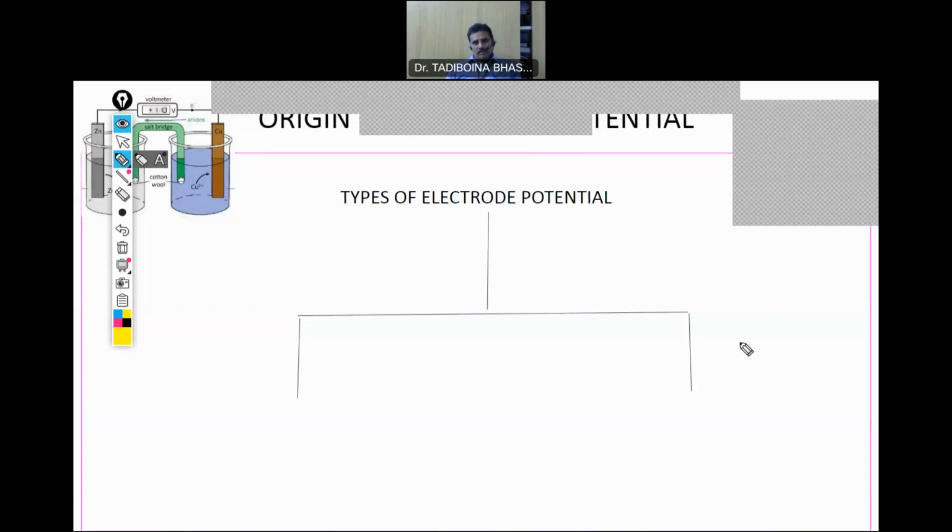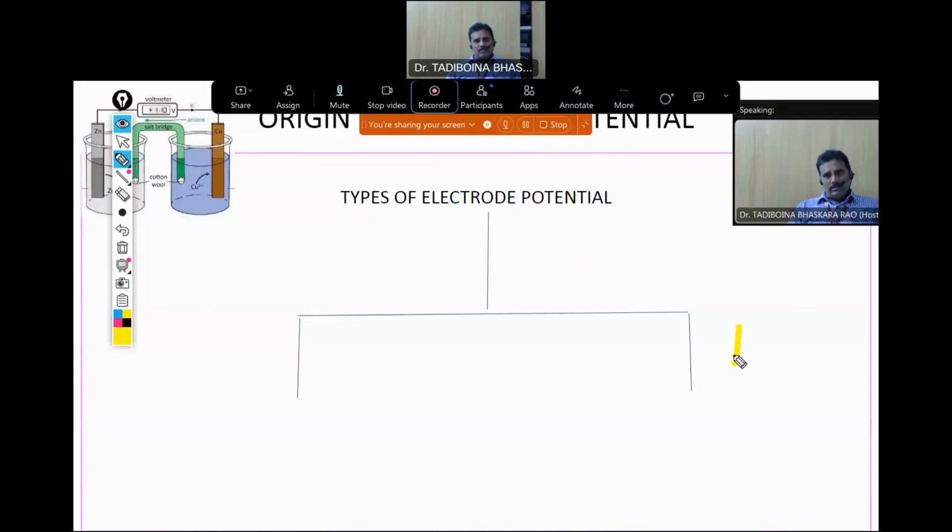Whenever an electrode is dipped in its own salt solution, a potential will be developed at the interface of the electrode and electrolyte, and it is called the electrode potential.